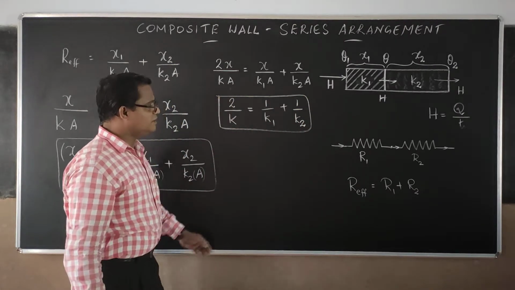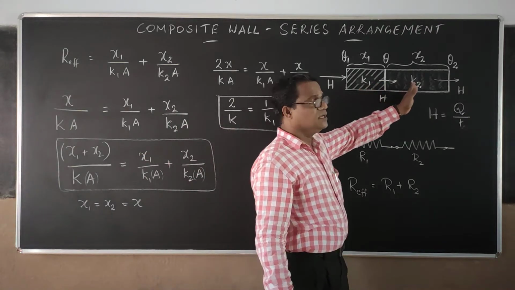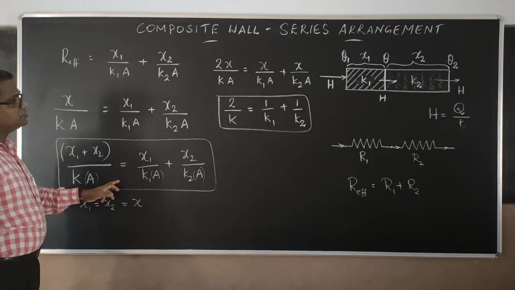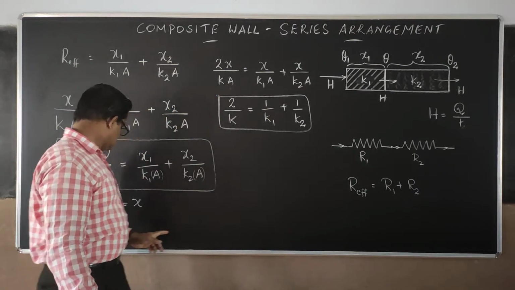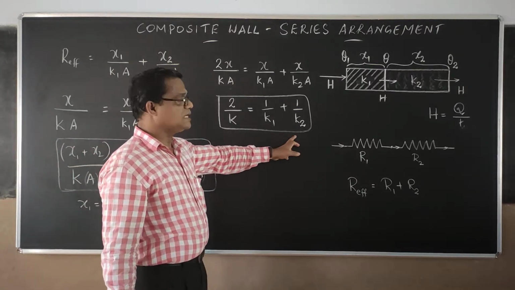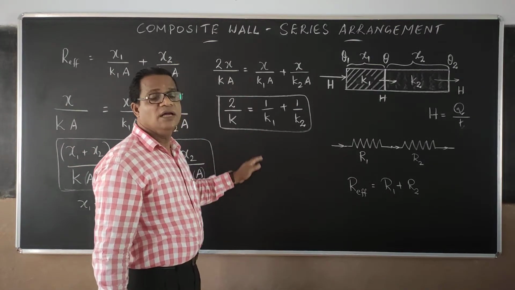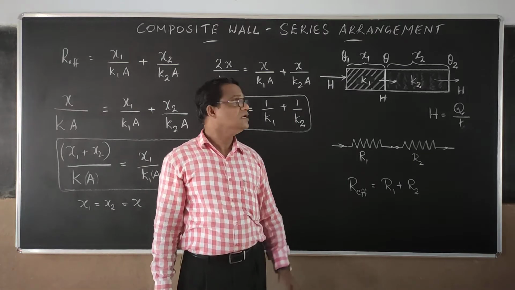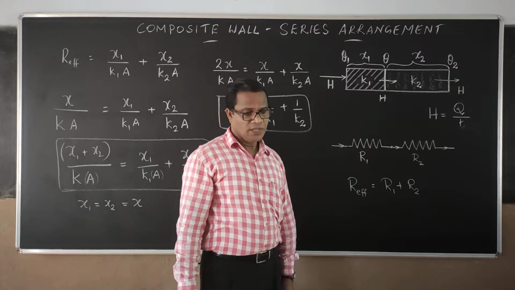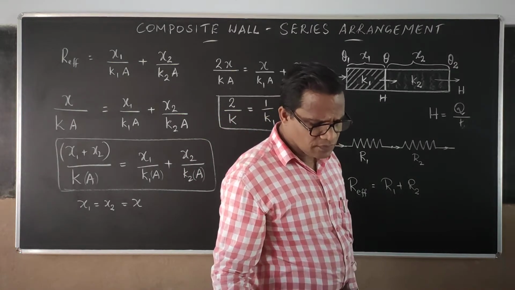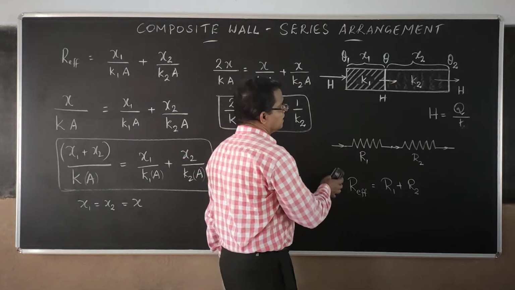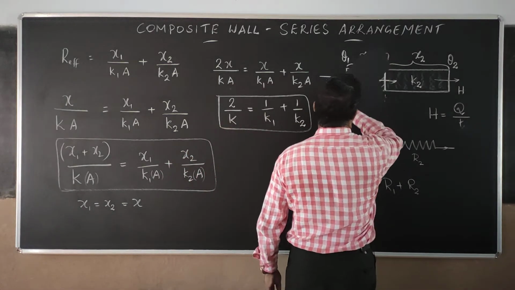So when the slabs are arranged in series, the conductivities come according to this condition, and if I fix this condition, I get an exact number like this for the conductivities when the slabs are in series.